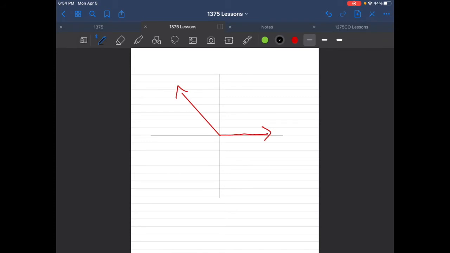Let's suppose that this angle, we'll call it theta, is equal to 100 degrees. 90's up here, 180's over here, which means that 100 is going to be somewhere here in what is called the second quadrant. And let's say that there's another angle that goes around like this and stops right there.